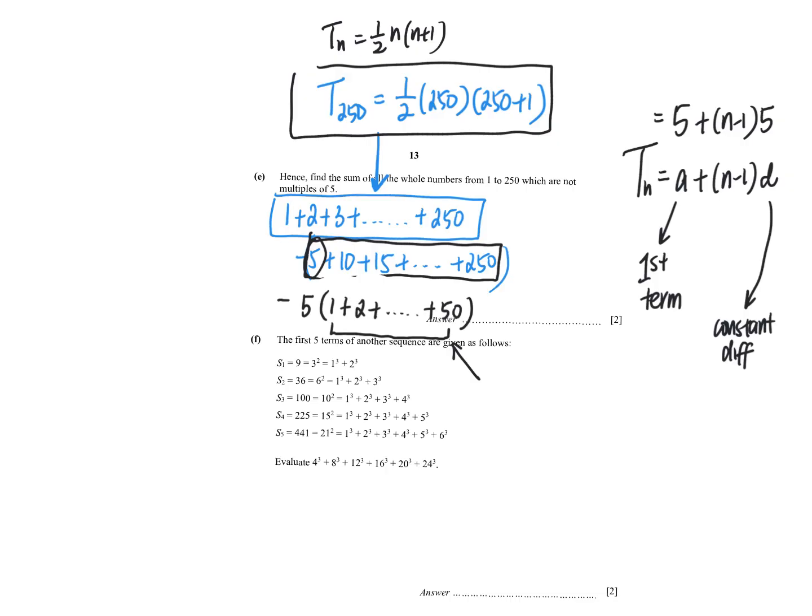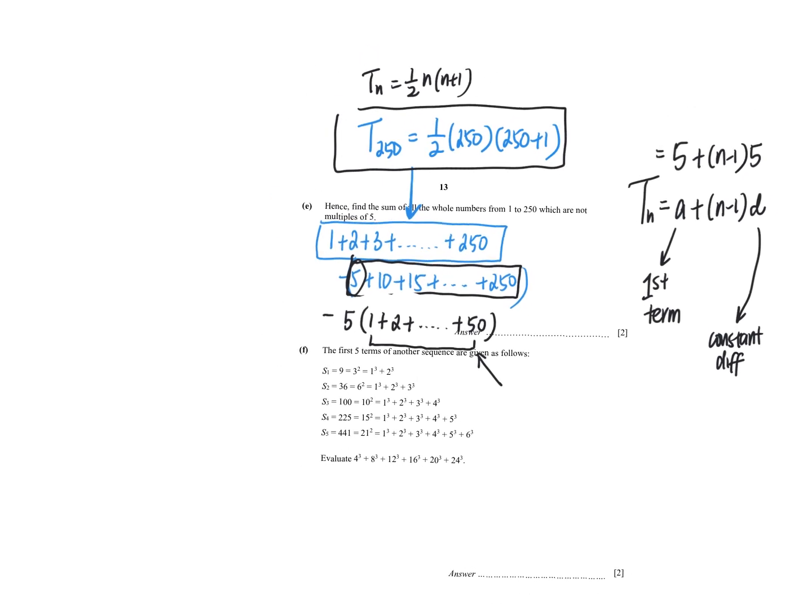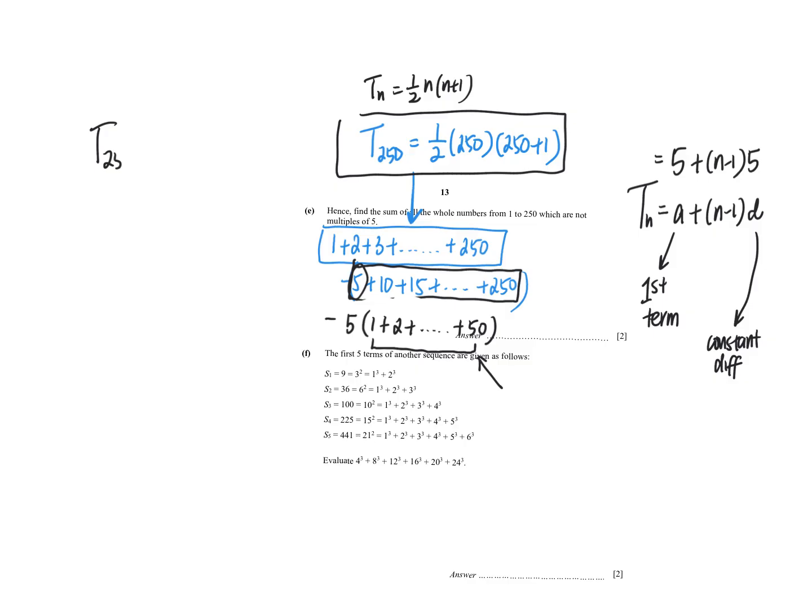So if you want to find 1 to 50, this one is T50. So actually what you need to do is use T250 minus T50. So I go and calculate. This is the formula: half of 250 times 251 minus half of 50 times 51.